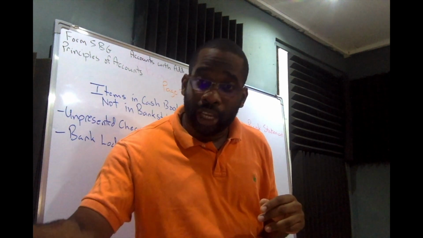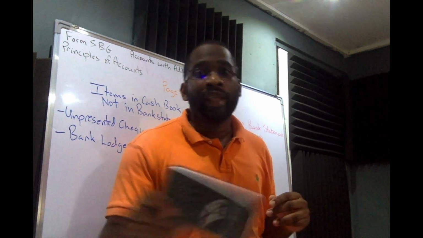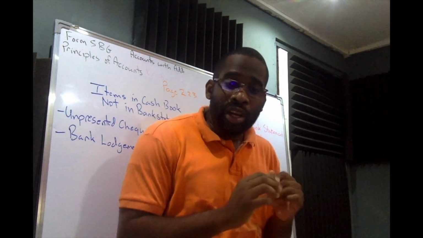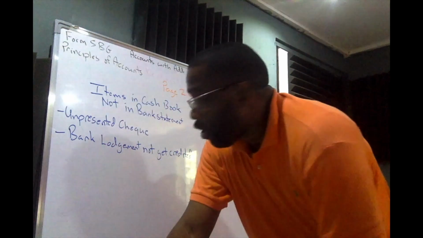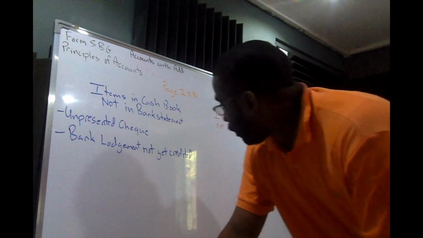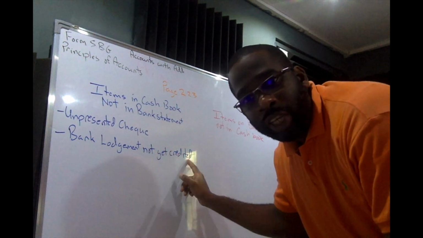That is recorded in the cash book, but it is not deposited into the bank as yet. So the bank doesn't have that $5,000. Hence why they call it bank lodgement not yet credited, because it's a check that's supposed to go to the bank and it's not yet credited.